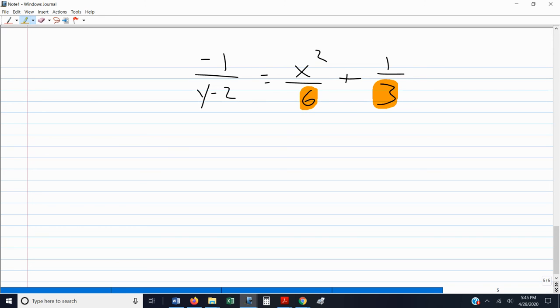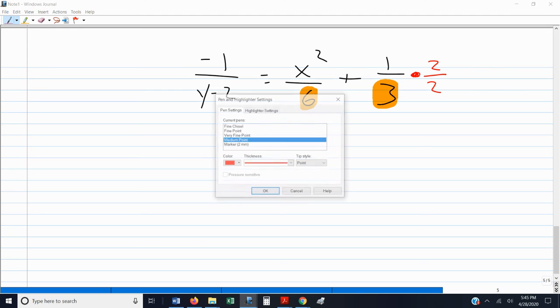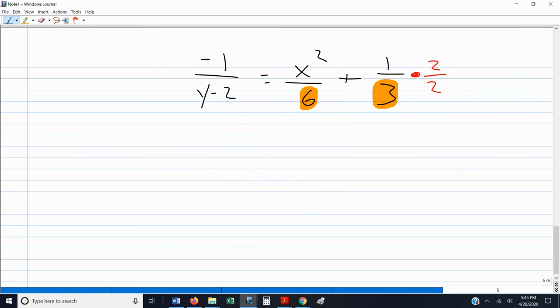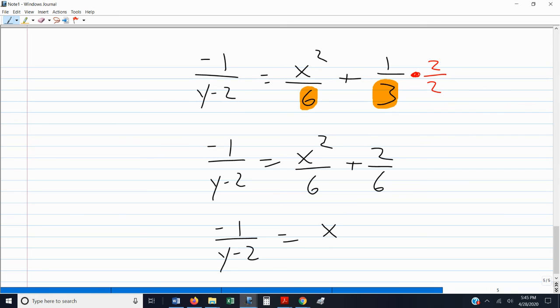Between 3 and 6, what would that common denominator be? It would be 6, meaning we have to multiply by 2 over 2. Negative 1 over y minus 2 equals x squared over 6 plus 2 over 6. And that means you can write as one fraction, x squared plus 2 over 6.